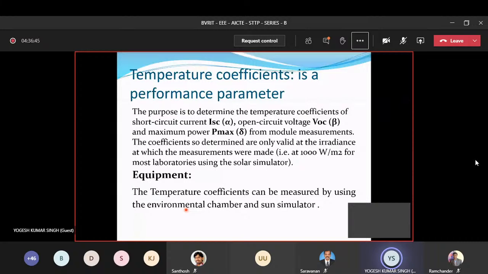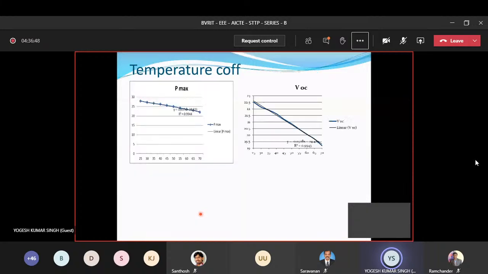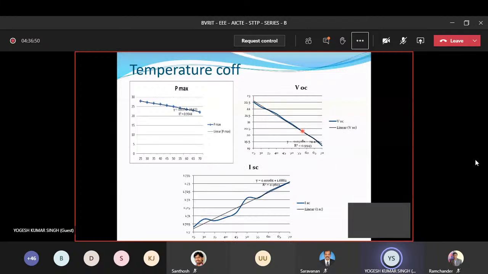Now these are the three different conditions. You can find that the temperature coefficient of voltage is negative, as already given. When we talk about the current, it has a positive temperature coefficient. When we talk about the power, if you multiply current and voltage, the resultant output goes this way.